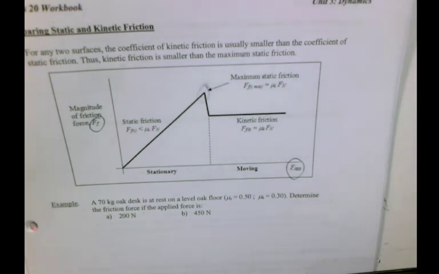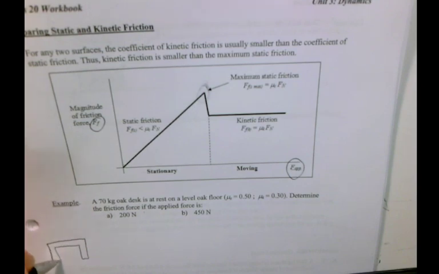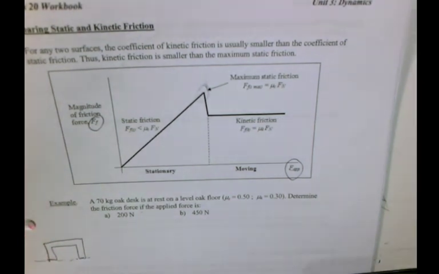So we have a 70 kilogram oak desk on a level oak floor. So we have the same surface, but we have 2 different coefficients because we have it starting at rest. So we need to use our static friction.